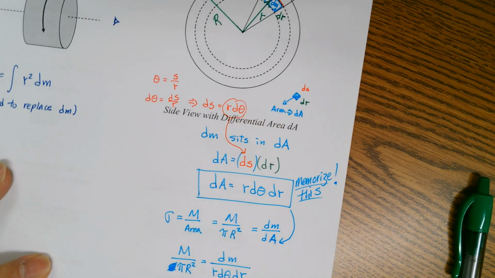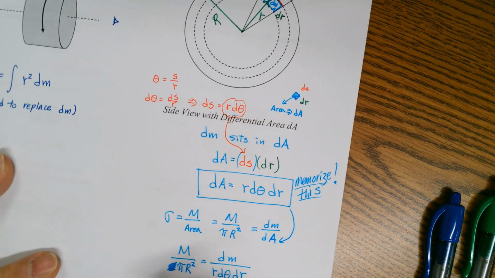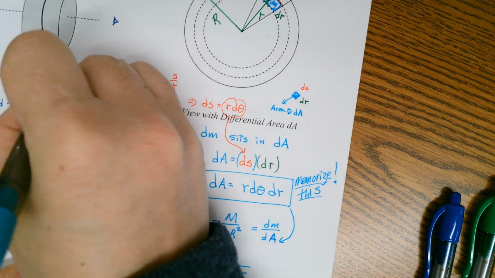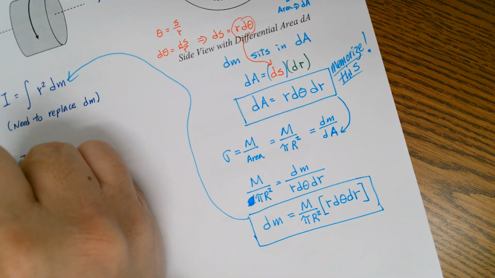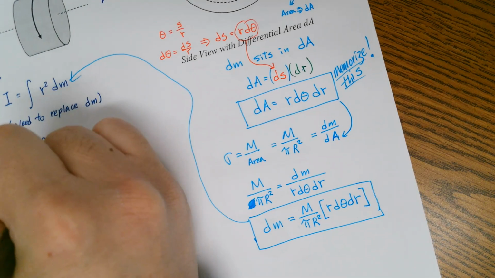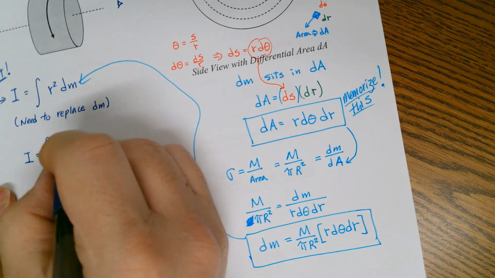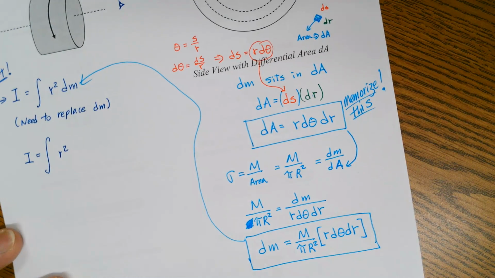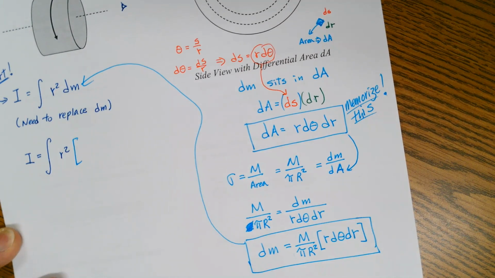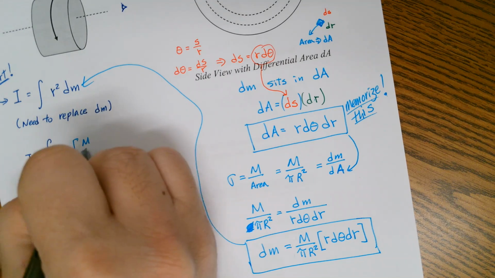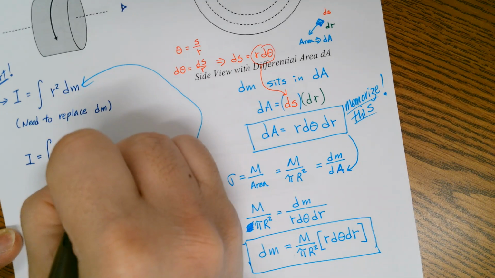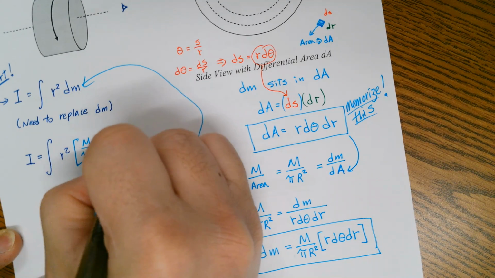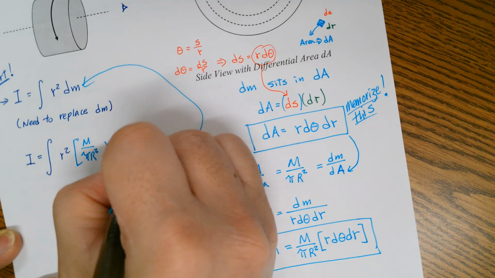This will be replaced here. So now I can say my I is equal to the integral of r squared times m over pi r squared times r d theta dr.